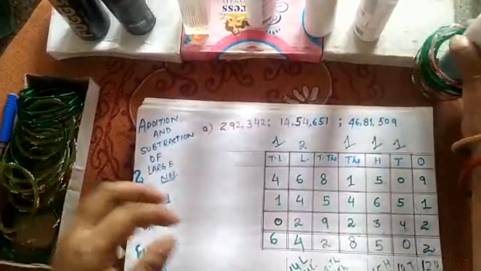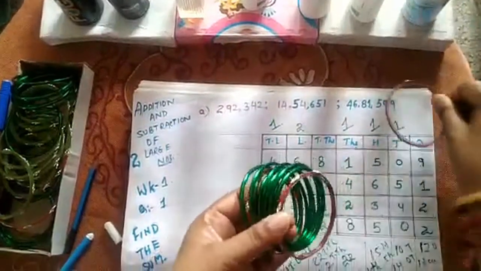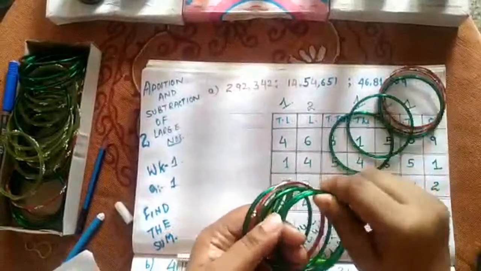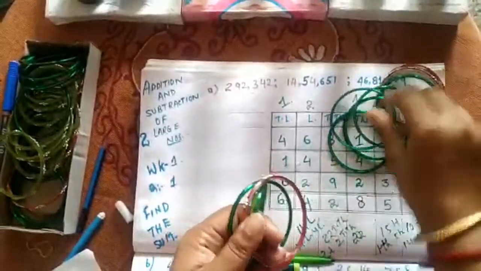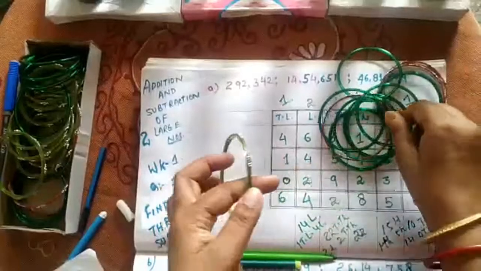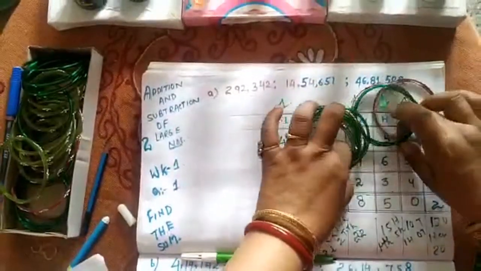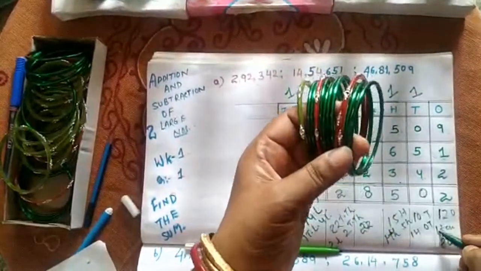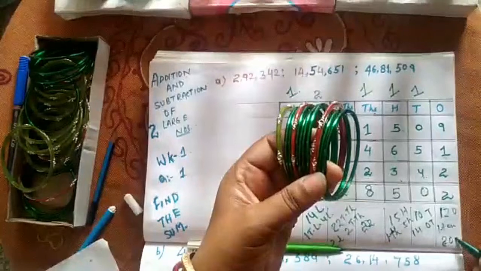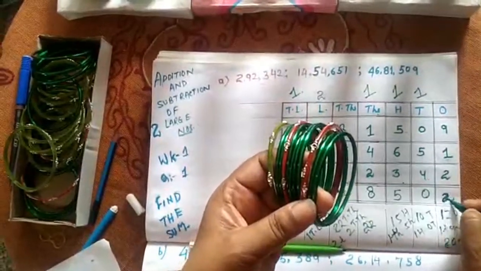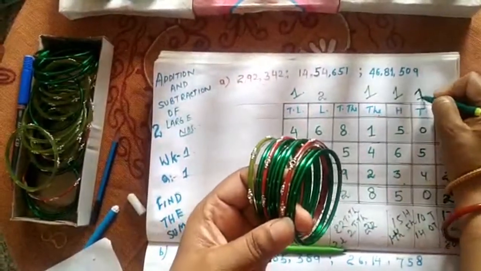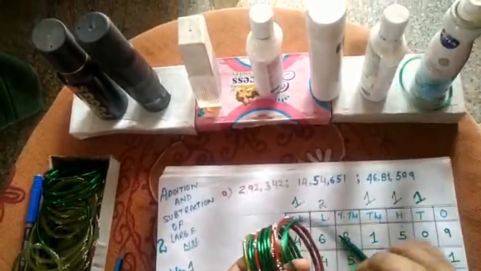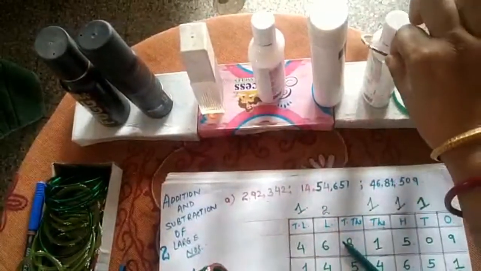Let's count them together in the ones place value: 1, 2, 3, 4, 5, 6, 7, 8, 9, 10, 11, 12. So 12 ones. How much do you get, children? 12 ones has 1 ten and 2 ones. So 2 will be written in the ones place and 1 ten will be taken as a carryover.